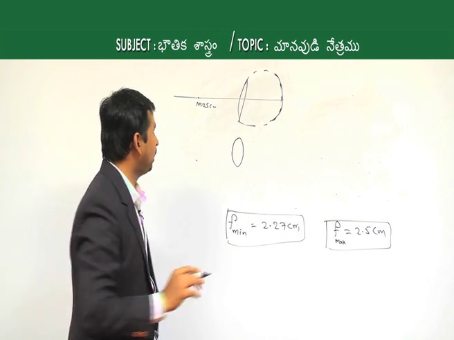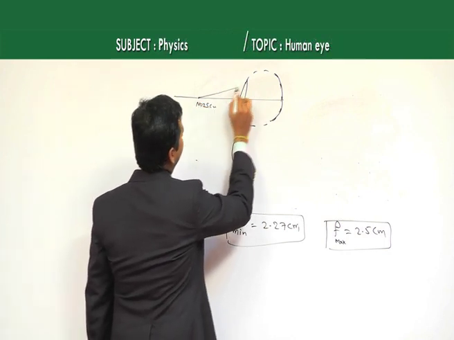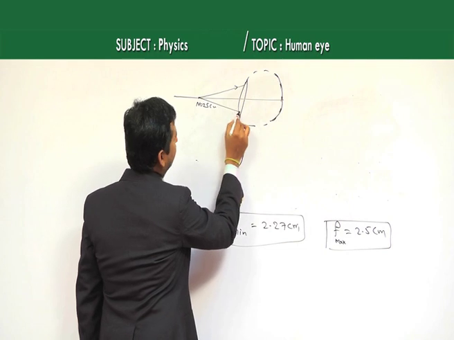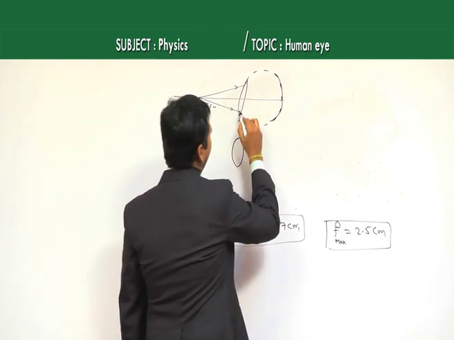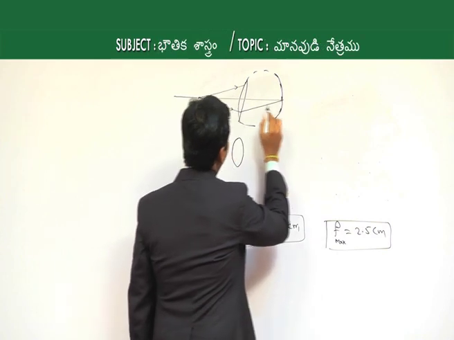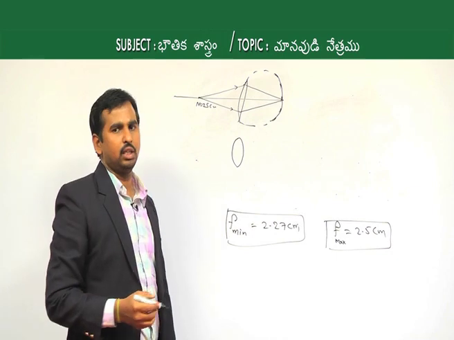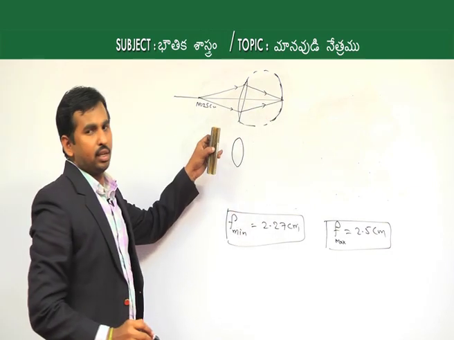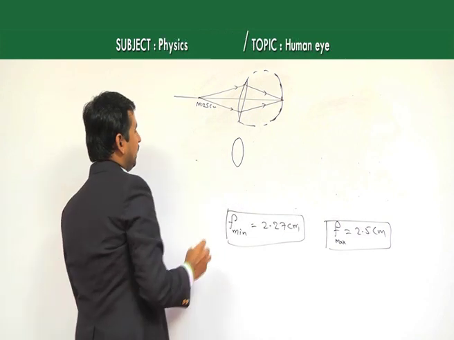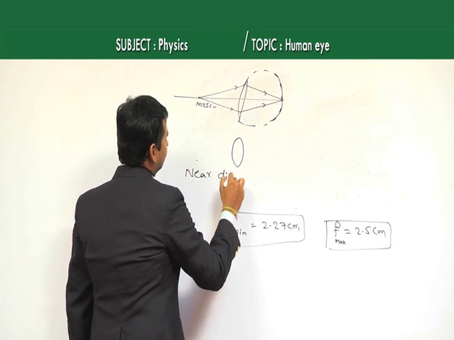With the object at 25 centimeters, the light rays incident on the convex lens, after refraction, meet exactly on the retina like this. This is the case when you are seeing a near distant object.